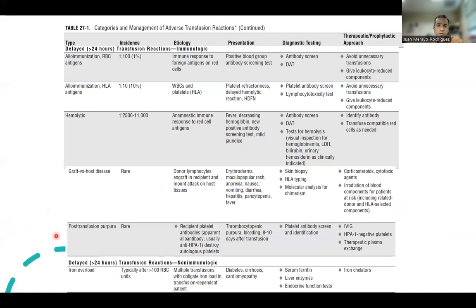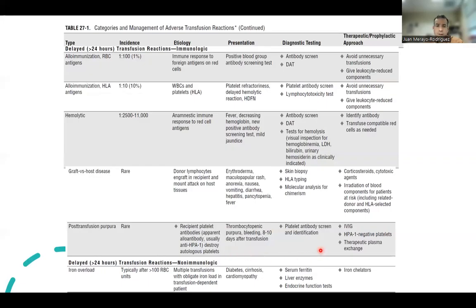And the post-transfusion purpura is also rare. It's mostly due to recipient platelet antibodies, usually anti-HPA1, that actually destroys the autologous platelets. So the reaction will destroy its own platelets. They have thrombocytopenia, bleeding 8 to 10 days after transfusion.